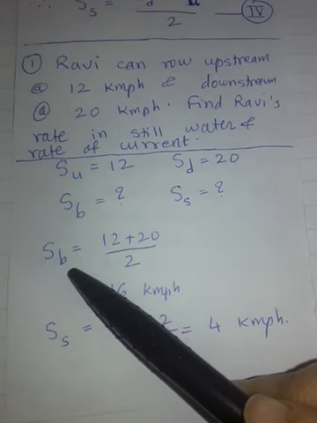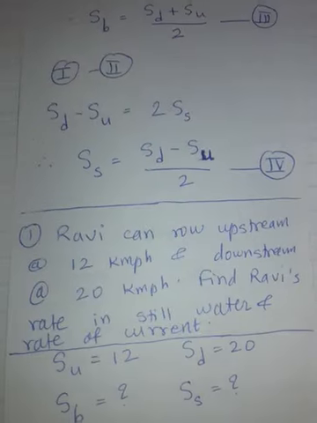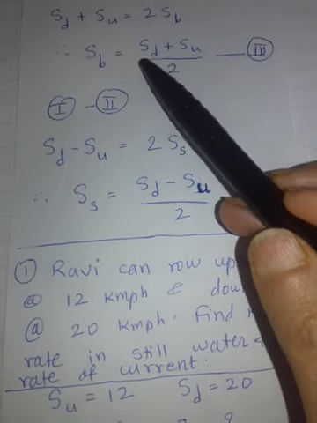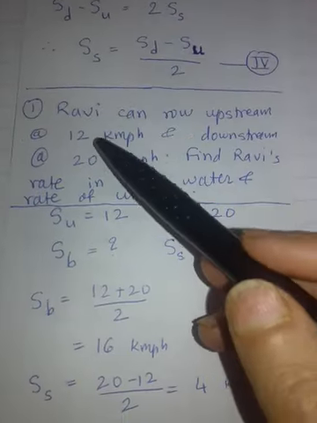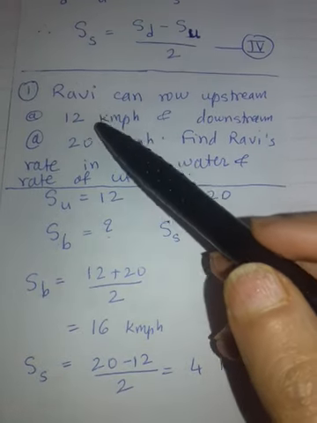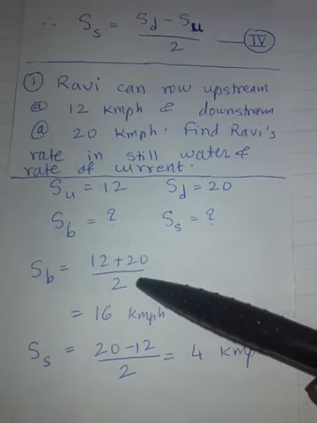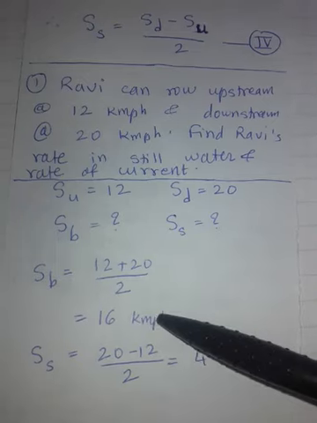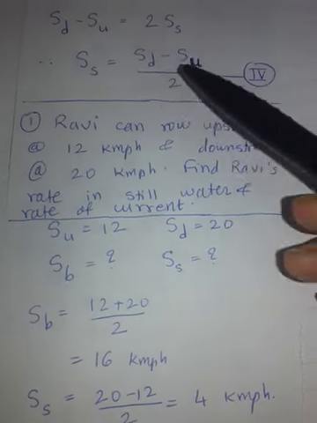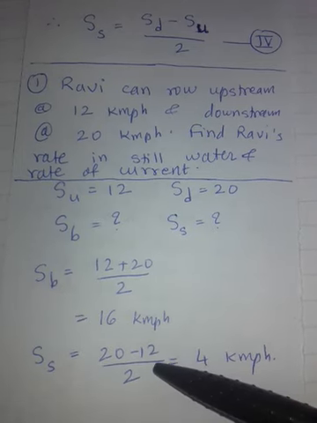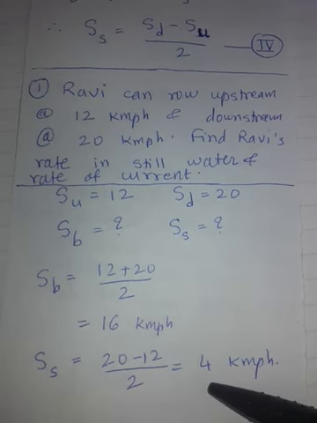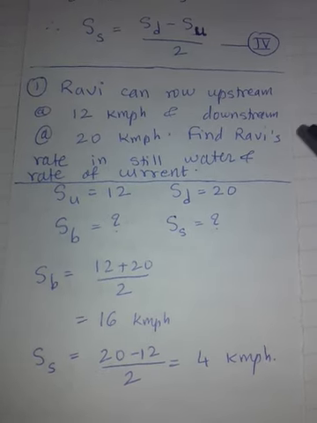What is SB? Look at our formula. SB is SD plus SU upon 2. So I am going to add these two and divide by 2. 12 plus 20 upon 2, that is 16. And for SS, it is SD minus SU upon 2. So 20 minus 12 upon 2, that is 4 kmph.